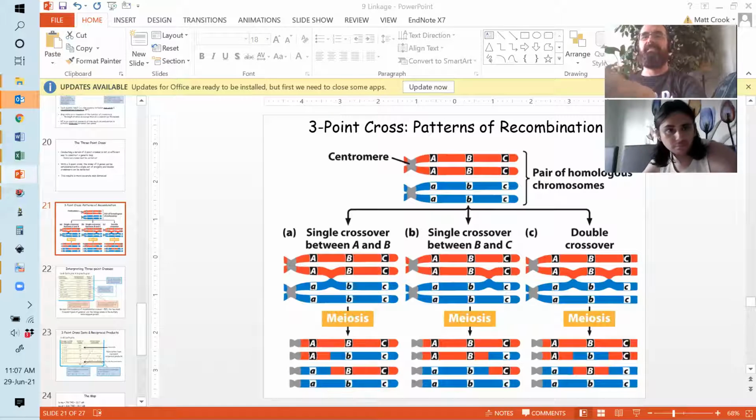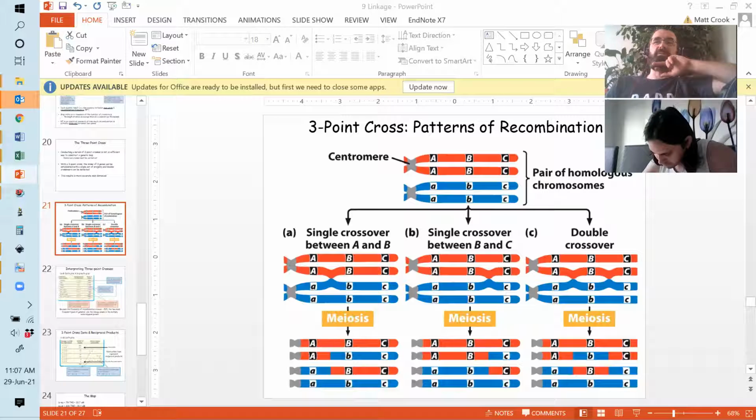Yes, but how? How do you work out the recombination frequency? The reason why I'm badgering you about this is because I want to make sure you understand the bits that you need to include.